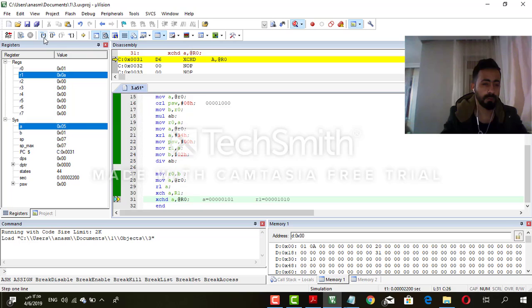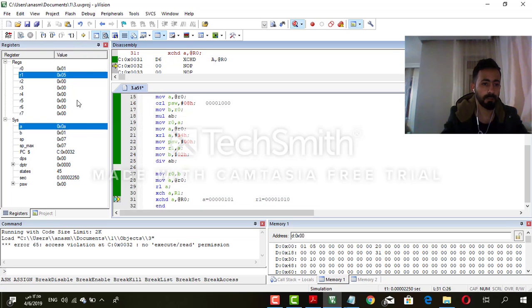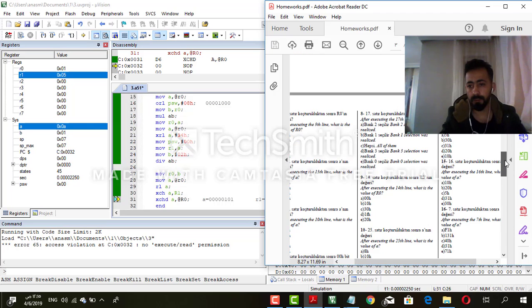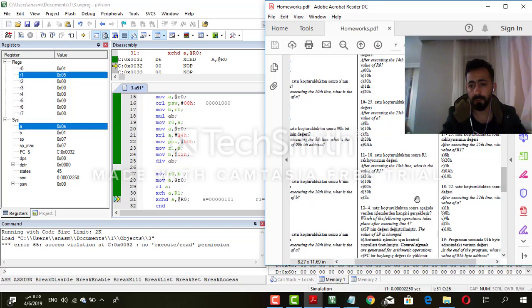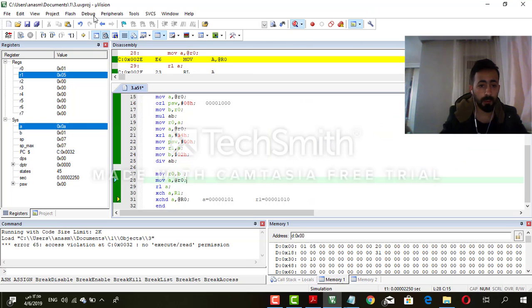Also, these are questions 10 and 17. What is the value of array 1? The value of array 1 is 05, and the value of a, I think yes, it's 10, will be 0A hex. After that we will end, and as we see, the program is finished.